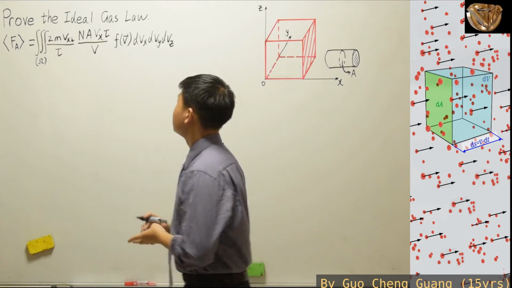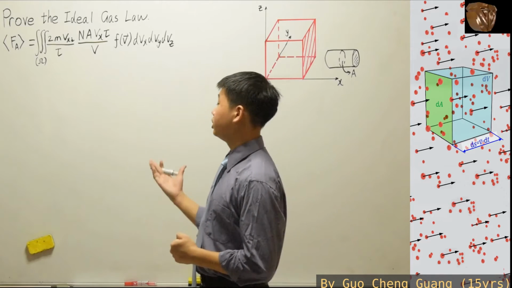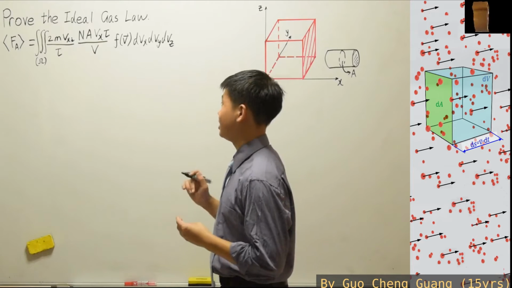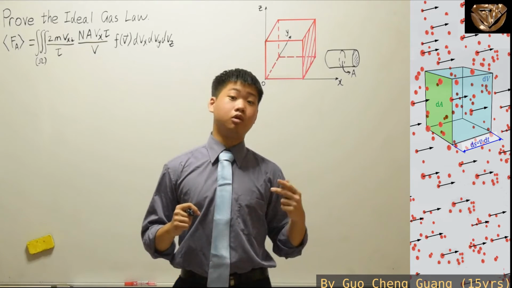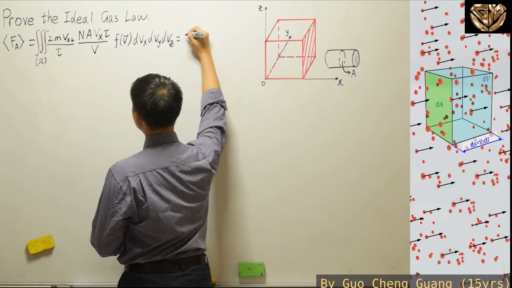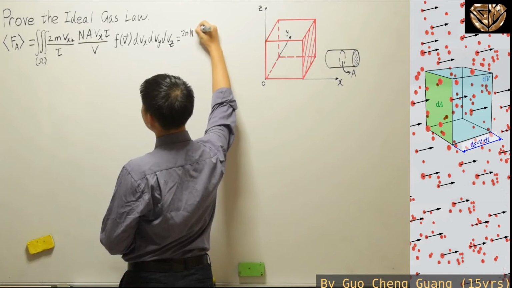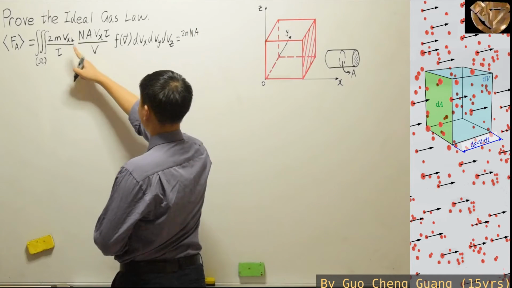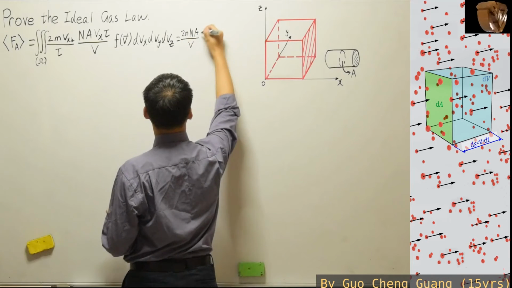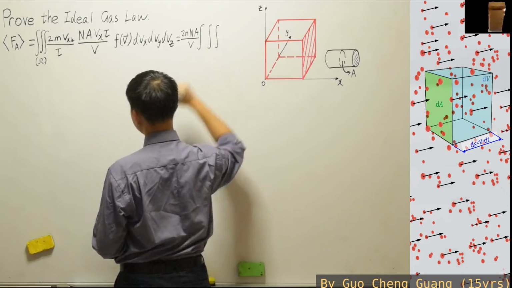Now, what can we find? First of all, we should take out the coefficients that will not be participating in this integration, just to make things a lot cleaner and simpler. So, what are some of the things? Those will be 2m and A. The two vx's will be inside, tau is cancelled out, and over V. Then you have to determine their boundaries.